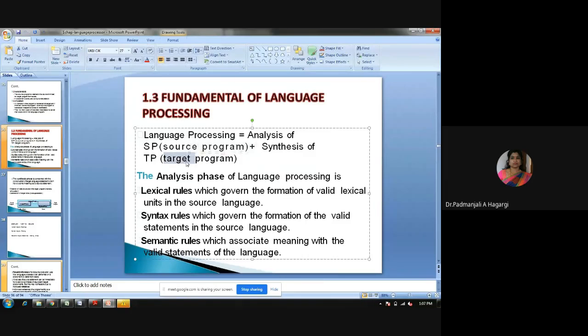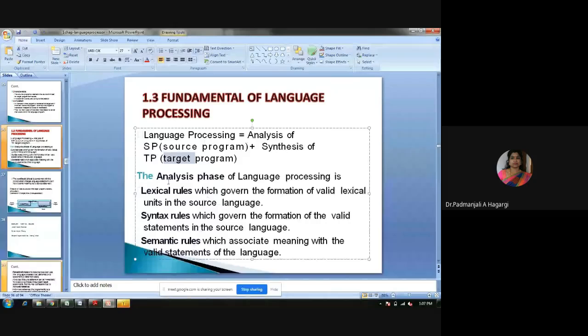Again, it has to revert back to the user. Like "Kai Jhala" should look like "Kai Jhala" only, the word on the screen. So that is converting back to high level language, your own language.